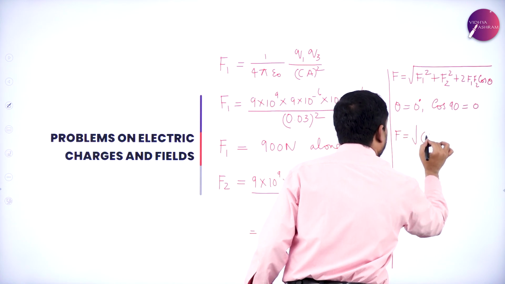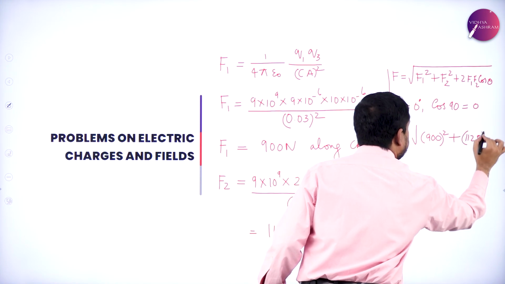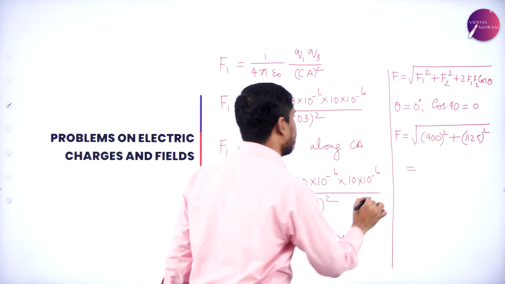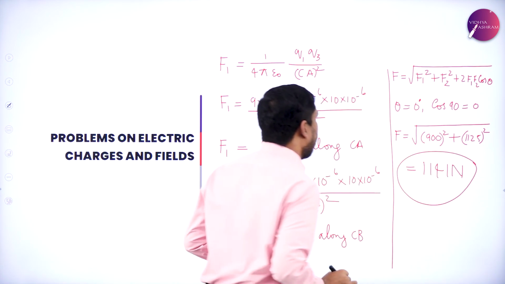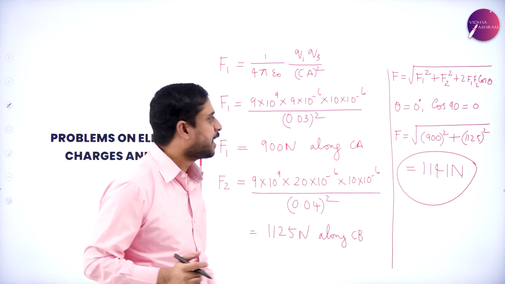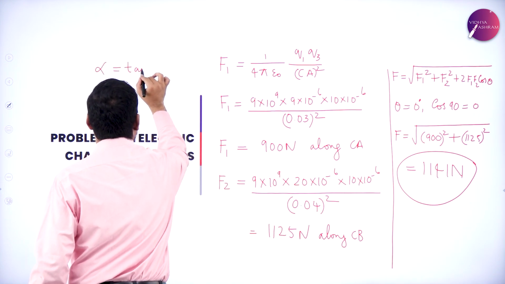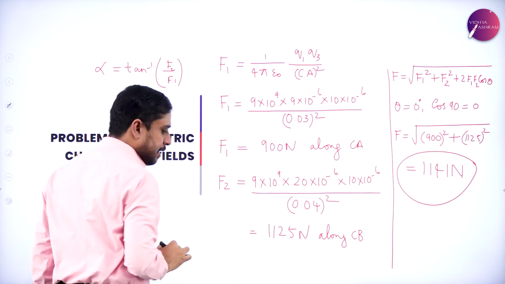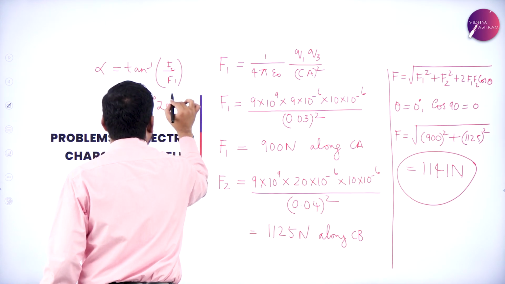So this is root of 900 square plus 1125 square. So on simplification, this is 1141 Newton. So I have calculated the resultant force. Direction of the resultant force, alpha is tan inverse F2 by F1. Substitute, 51 degrees 20 minutes will be the answer.